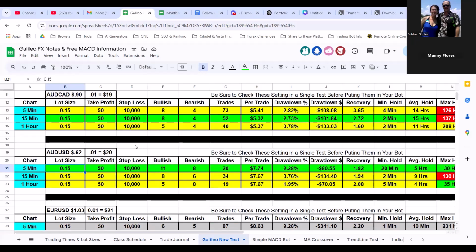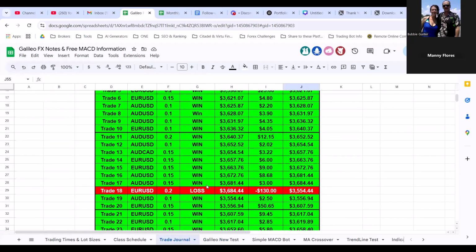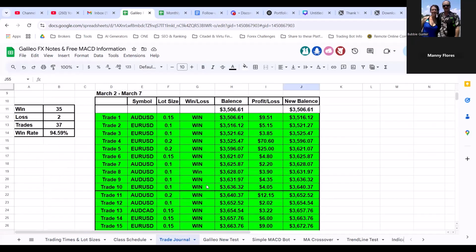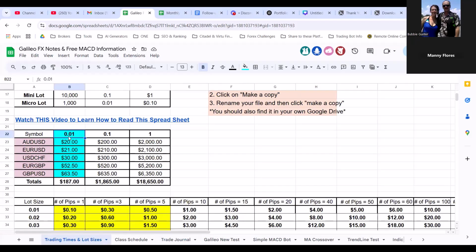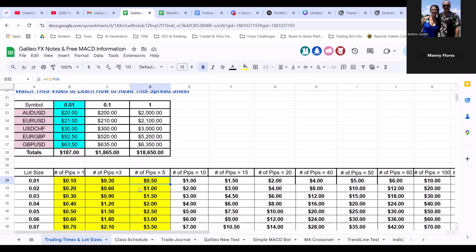faster. And I'm telling you, look at these results. All of this is just about the lot sizing, right? That's right. That's basically what I'm trying to share with you right now. You're going to make about, with 0.01 lot size, and you're getting 5 pips, you come down here and you look. 0.01 lot size gets you 50 cents per trade.